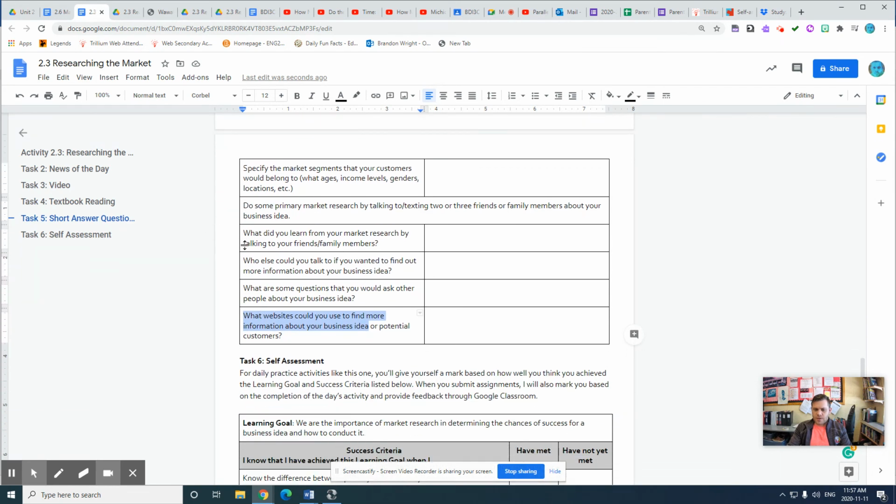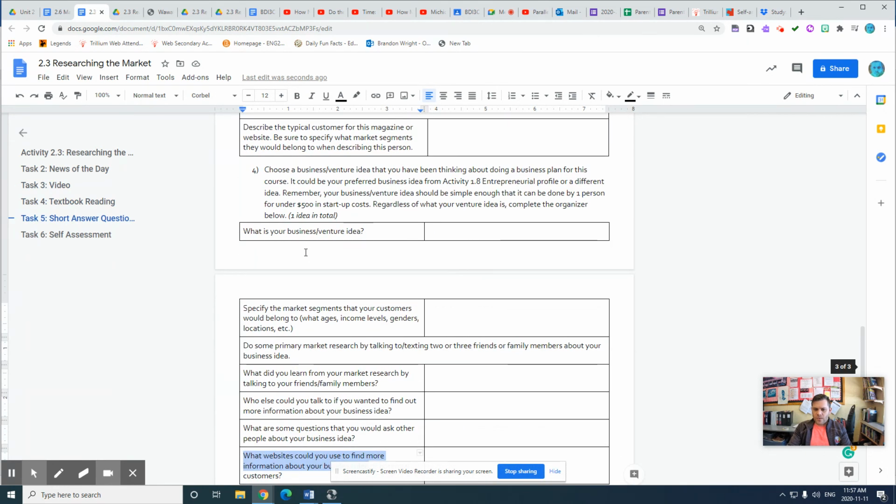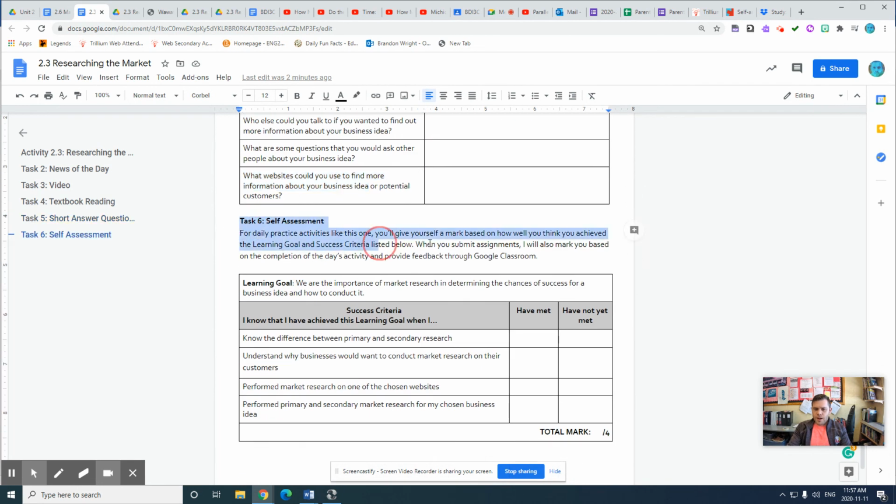All right, so that is today's assignment. So these 4 questions. Now, as usual, you guys will mark this assignment. We have the learning goal here. We're learning the importance of market research and how to conduct it. And if you've done these 4 things, you will have definitely achieved today's learning goal.